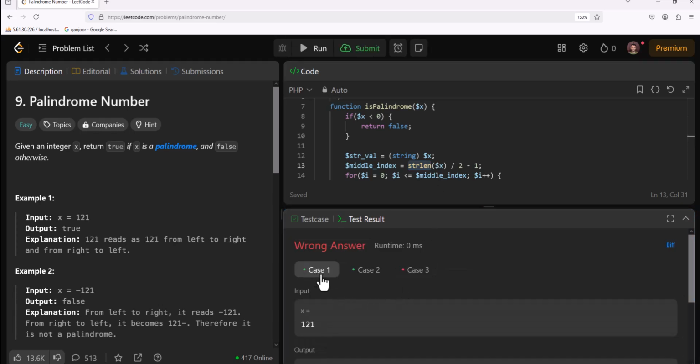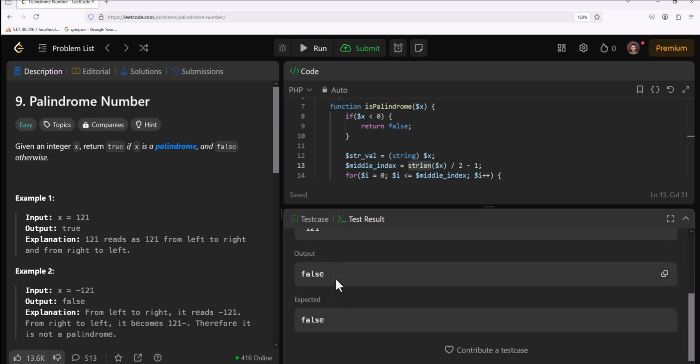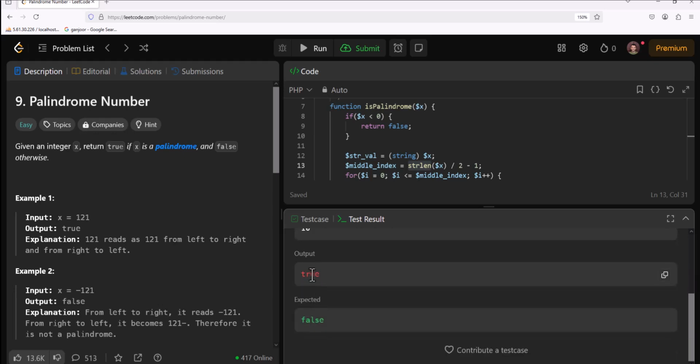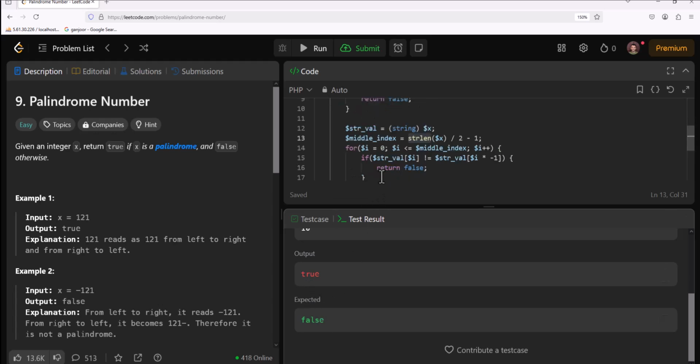Okay, it says case 1 we have the correct answer, and case 2 yes, but in case 3 output is true but expected false. Why?